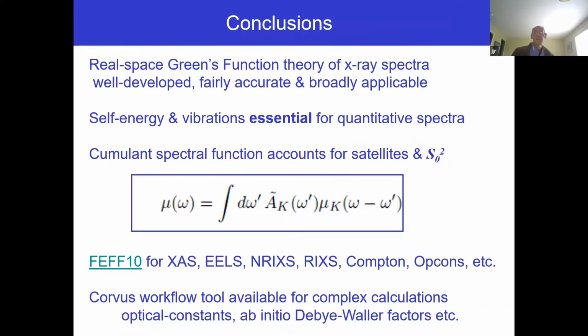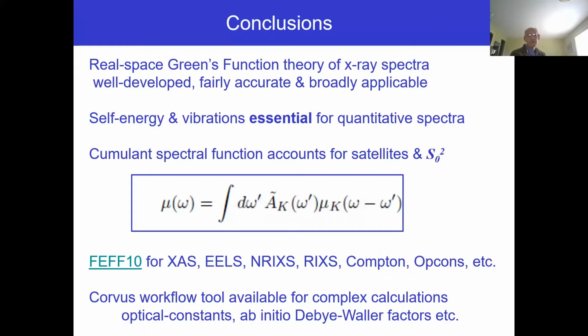So let me give some conclusions. We've developed a real space Green's function theory for X-ray and related spectra. It's now pretty well developed. It's fairly accurate and broadly applicable throughout the periodic table. What I want to emphasize is that this energy-dependent self-energy and vibrations are essential.